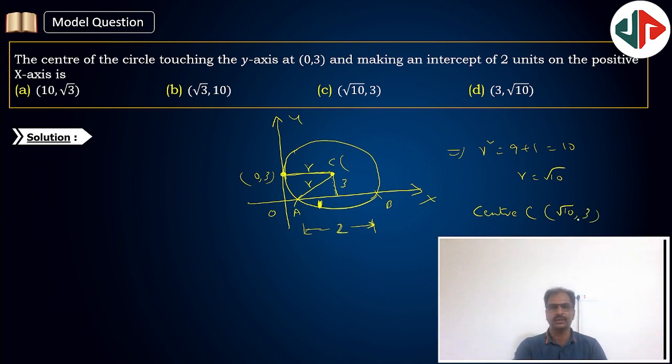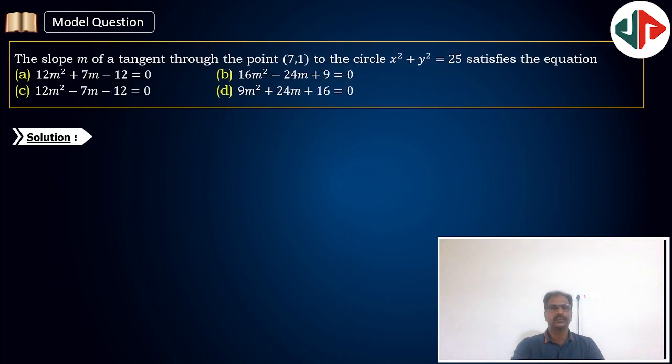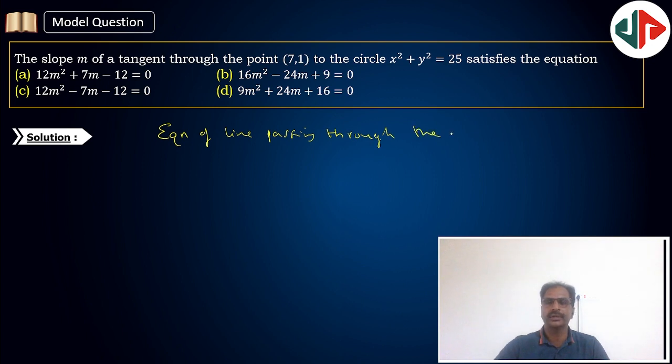So root 10 comma 3. Option C. Next, the slope m of a tangent passing through the point. So what is the equation of line passing through the point 7, 1?